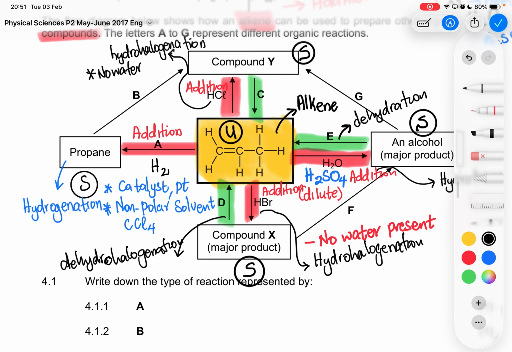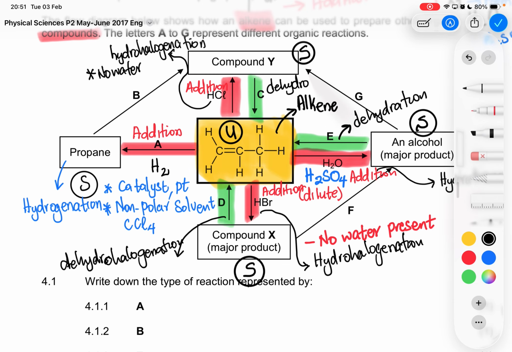Good. Can we all agree that reaction C is also a dehydrohalogenation? Yes, true. So this is also another dehydrohalogenation.